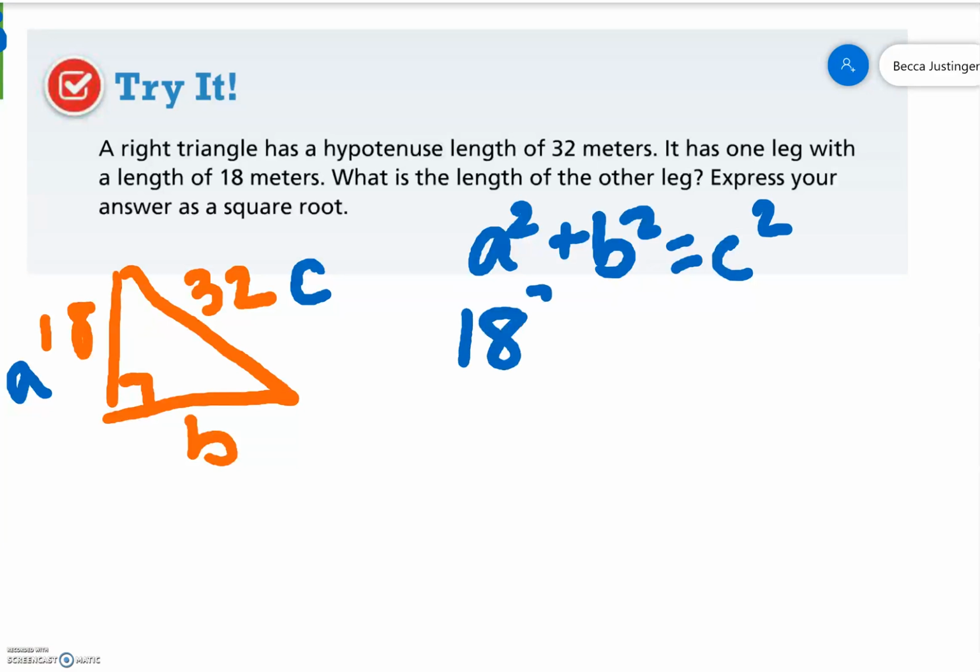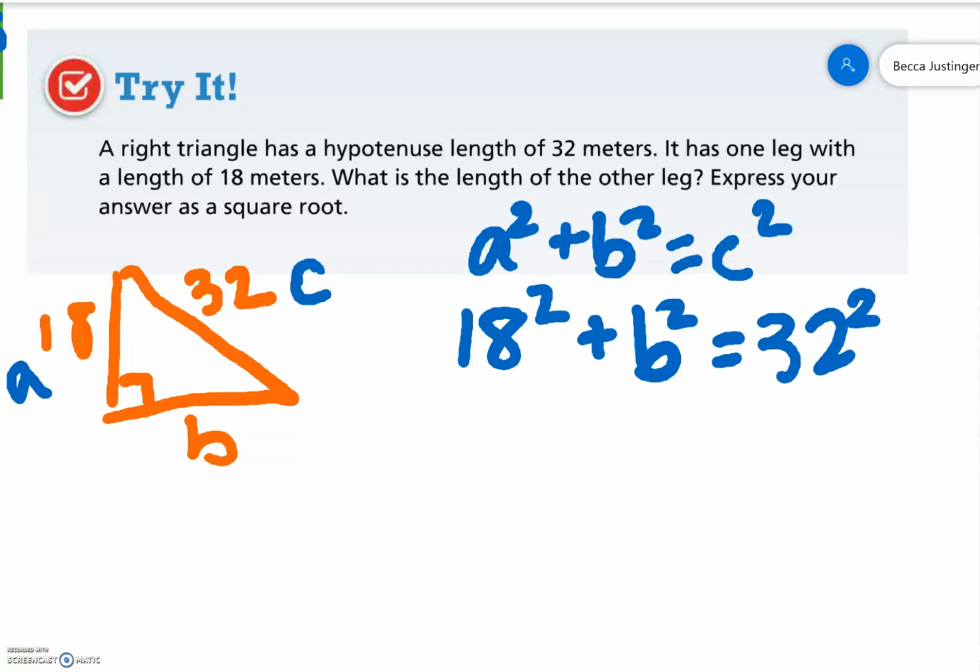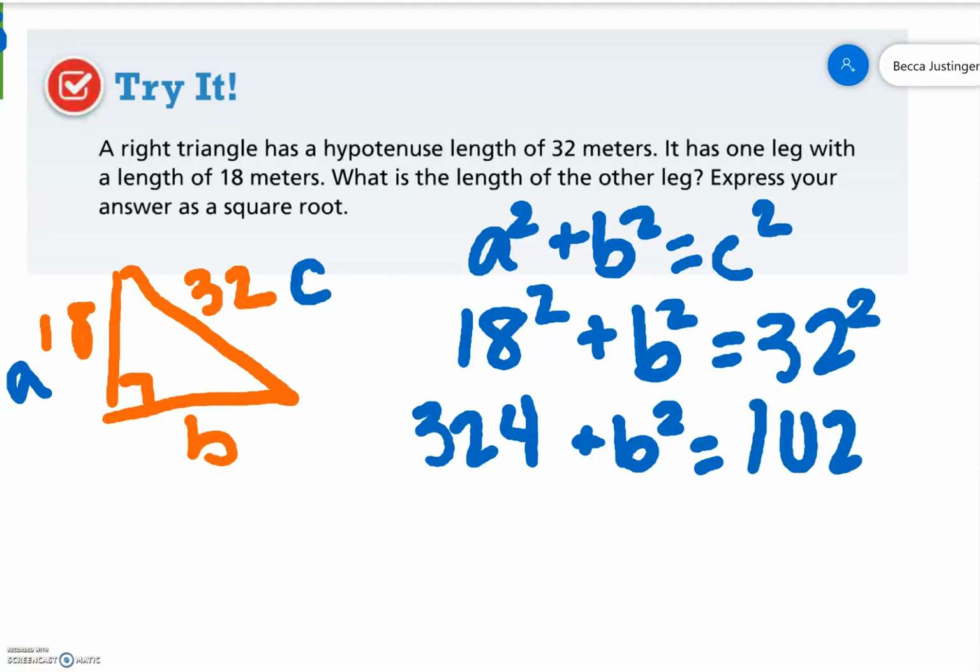Substitute what we know, 18 squared, I don't know b squared, and c is 32 squared. 18 times 18 is 324, plus b squared equals 32 times 32 is 1,024.